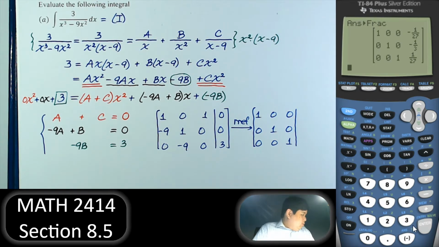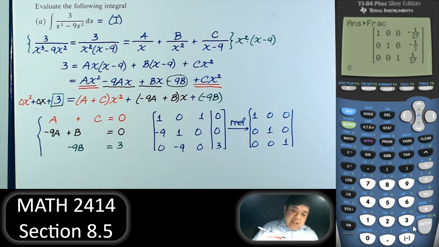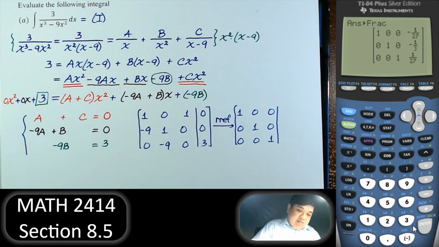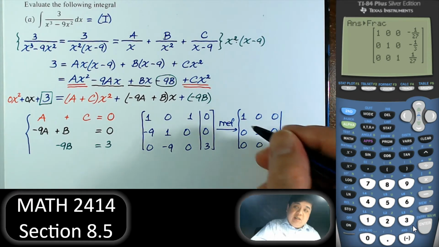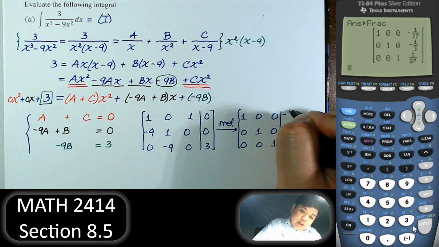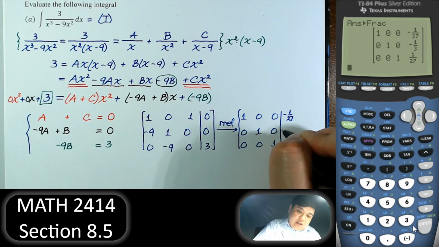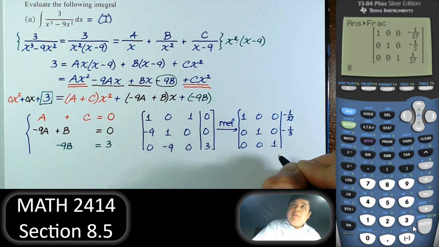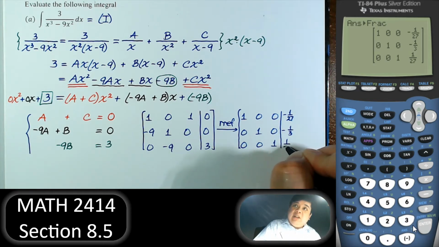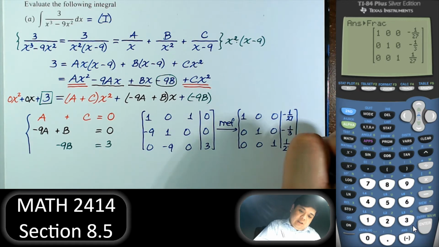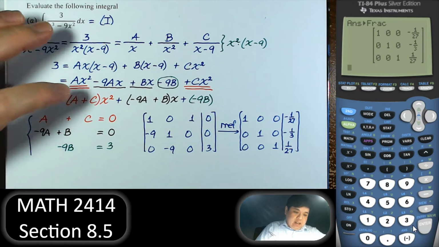All right. I wish there's something nice and even, but it's not. So negative 1 over 27, negative 1/3, 1 over 27. So A, B, and C.